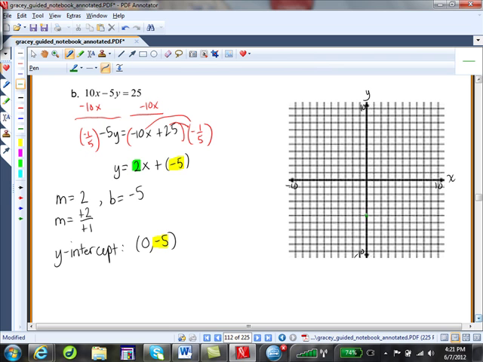And then our slope is 2, so this 0, negative 5 was the y-intercept. Now in red we're going to get our second ordered pair using the slope. So we decided we were going to go 2 up and 1 to the right. So this is the second point using the slope.